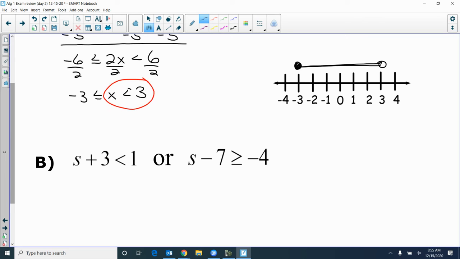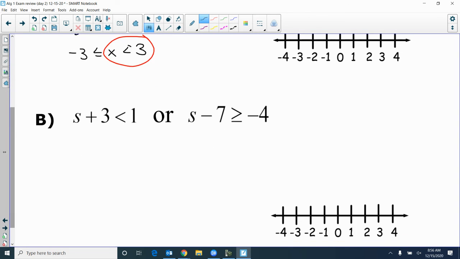Now this one's an OR problem, and it has two separate kind of inequalities. So we got to solve those separately and then graph. And so S plus 3 is less than 1. Subtract 3.